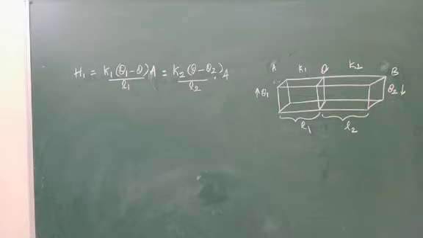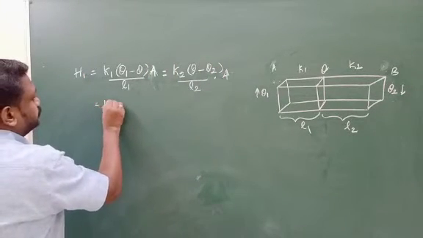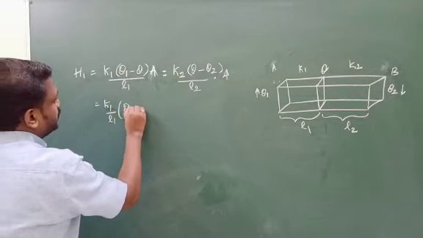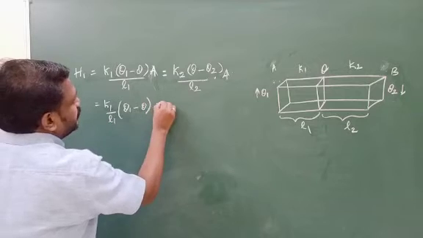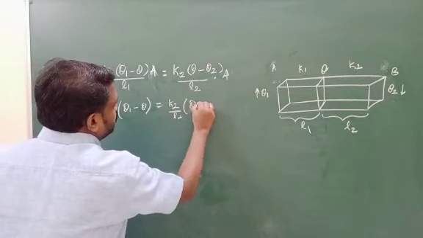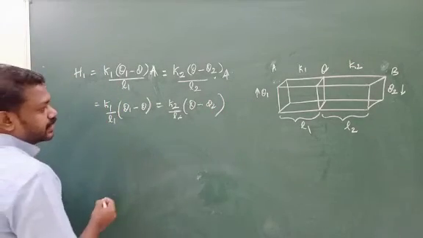Okay, so when you are comparing these two, A and A get cancelled. So K1 by L1 into theta 1 minus theta equals K2 by L2 into theta minus theta 2. Okay, so the theta terms you can club together.